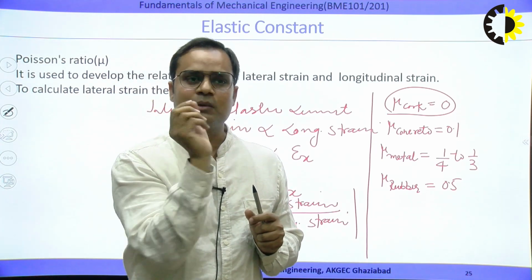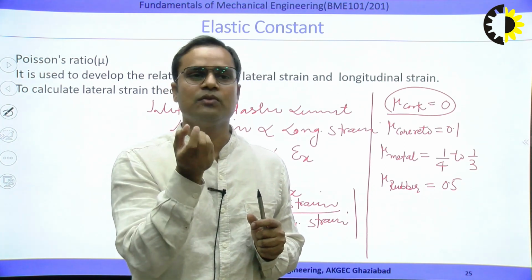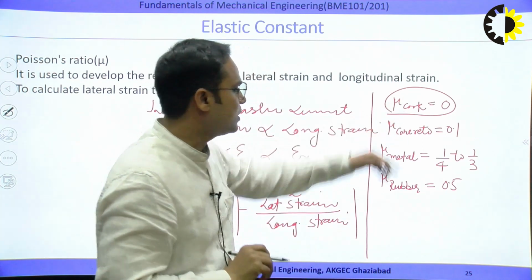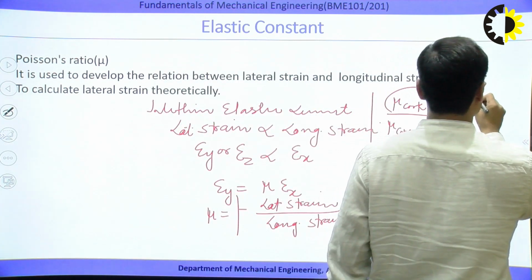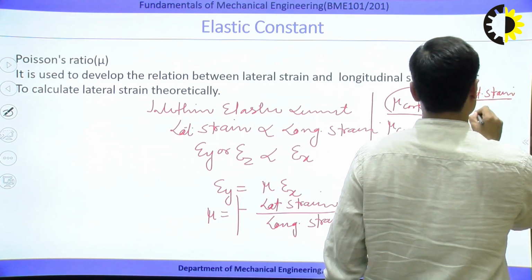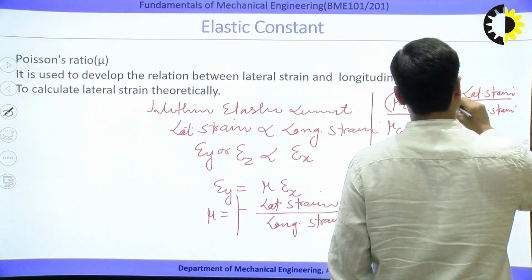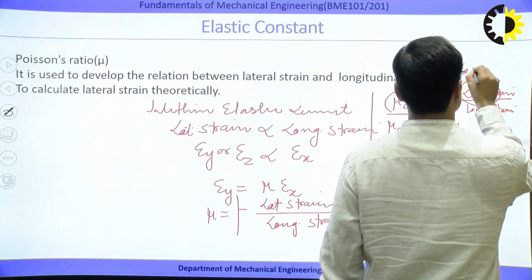In a badminton shuttle, the bottom part is the cork. Mu is 0, and mu means lateral strain over longitudinal strain. What is the meaning of 0? It means the lateral strain is 0.